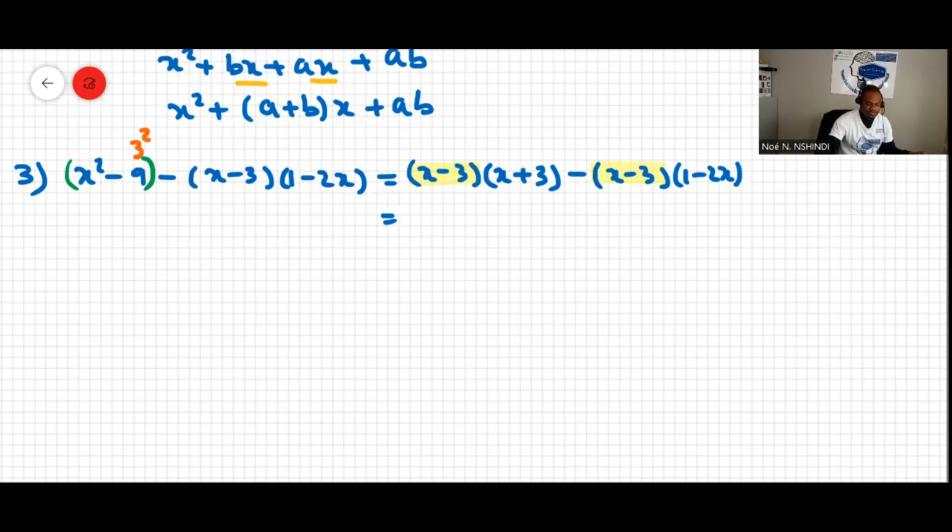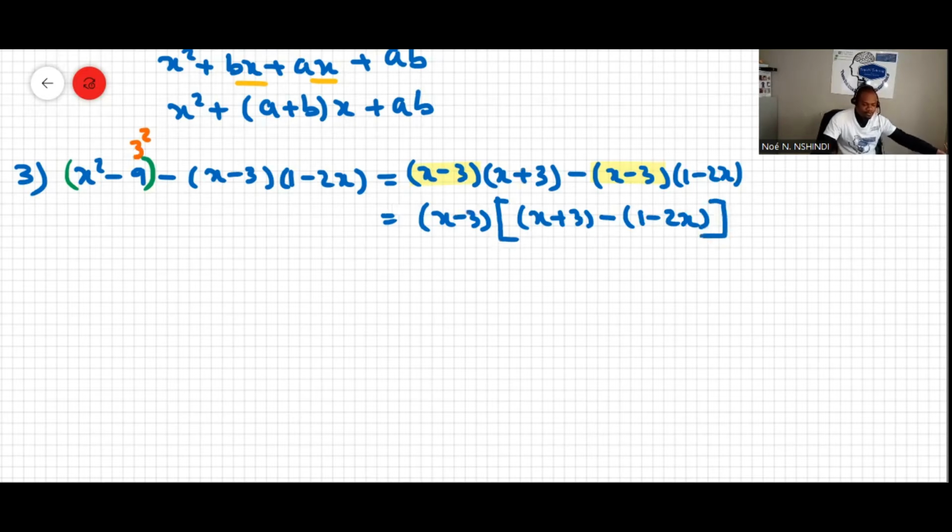So this will be (x minus 3) as common factor, and then we're left with (x plus 3) minus (1 minus 2x). Can I combine these? No, I cannot, so we stop there.